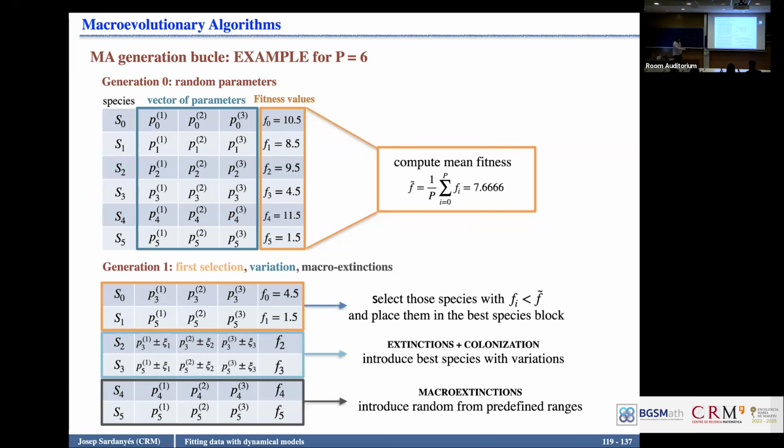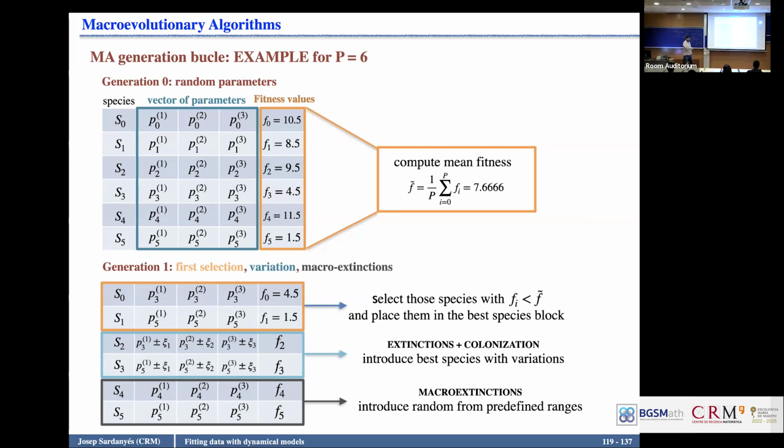Here I take this light blue block, take the values that I have selected, and copy them to S2 with some variation. Then I will have another fitness, which in principle will not be very different from this one, but we don't know. The same for the other one.